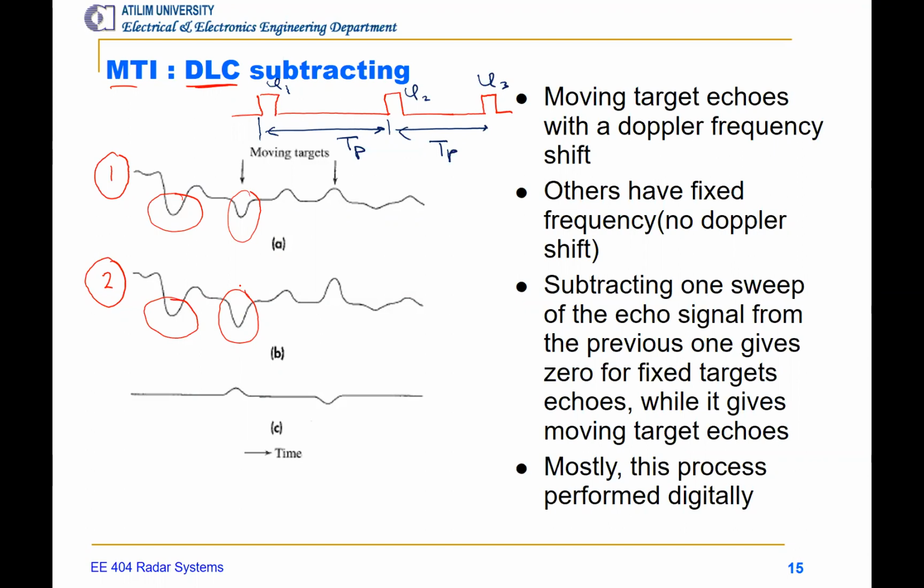The amplitude goes down, and here also the signal increases slowly a little bit compared with the previous one. So when we get the difference, we get the echo signal where we have a motion. So it means that there is a target in motion at that distance.